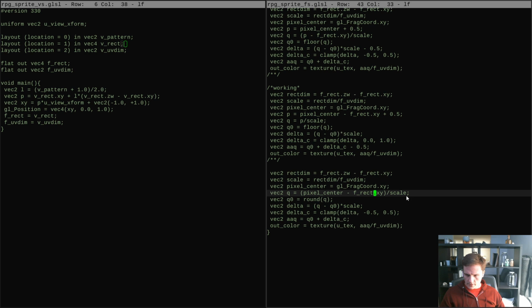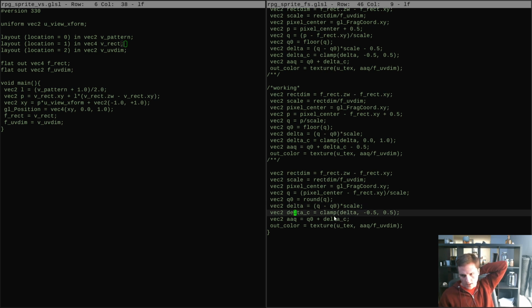Q equals pixel center minus the origin mapped and then scaled into the texel space, round to the nearest texel integer coordinate. Take the difference from the point we hit and the integer lattice point we hit and scale that back into the pixel space to ask how many pixels away from the lattice point are we, right?